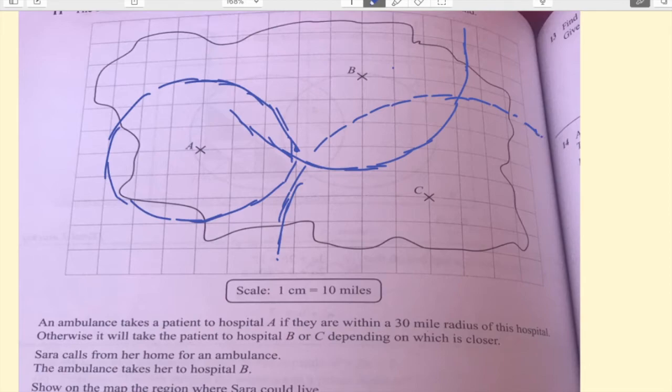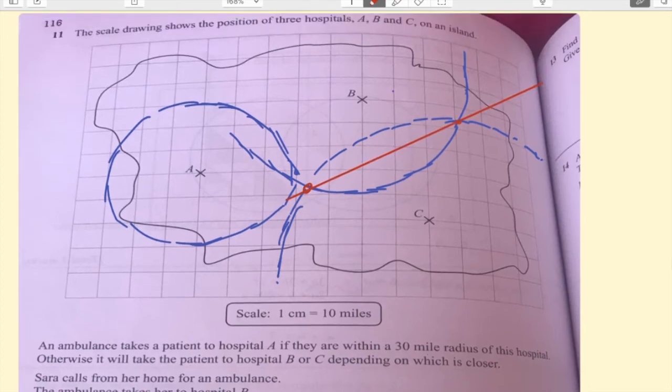And once you've drawn those two half circles with center B and center C, where those circles intersect will be the bisector of B and C. And then you take a ruler and you draw a line through those 2 points. And so that's the bisector.